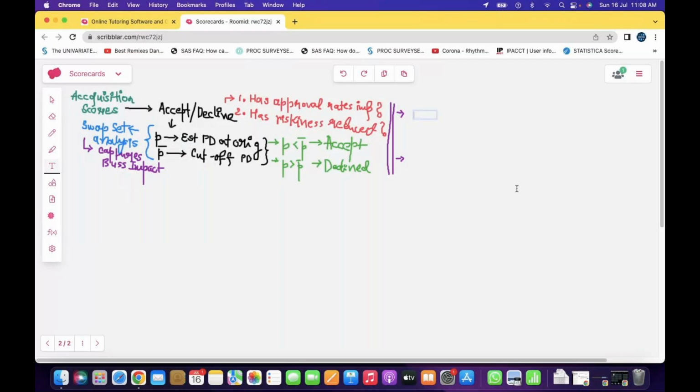So the swap set analysis over here, sorry, is a comparative static exercise which addresses the following two questions.